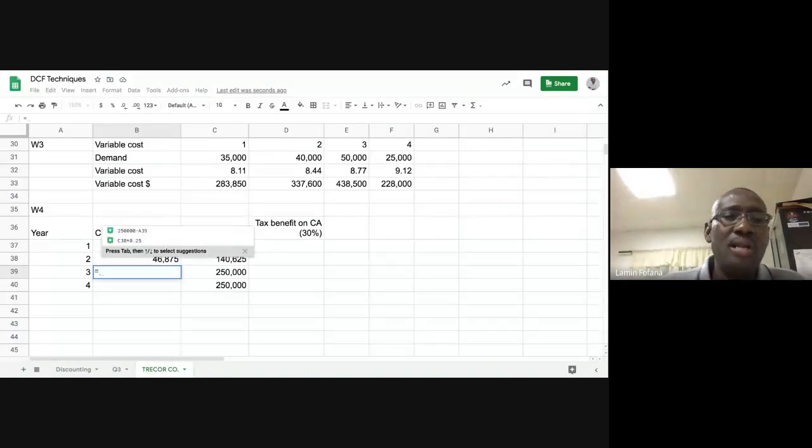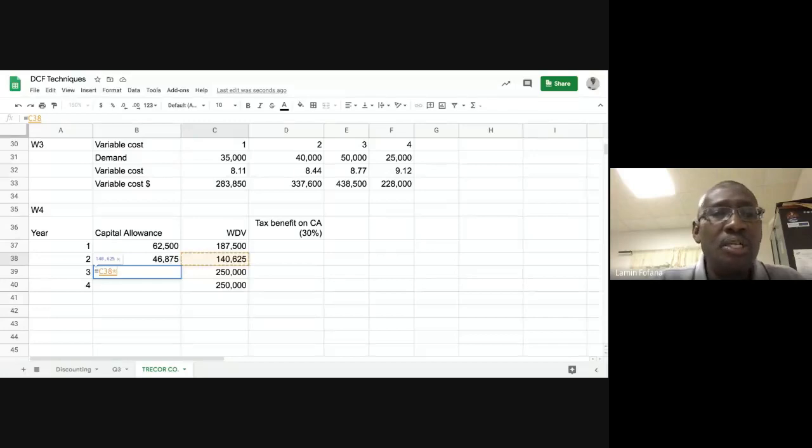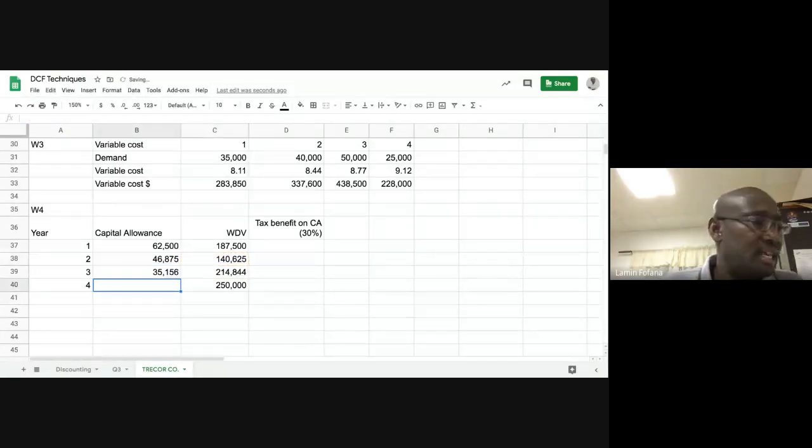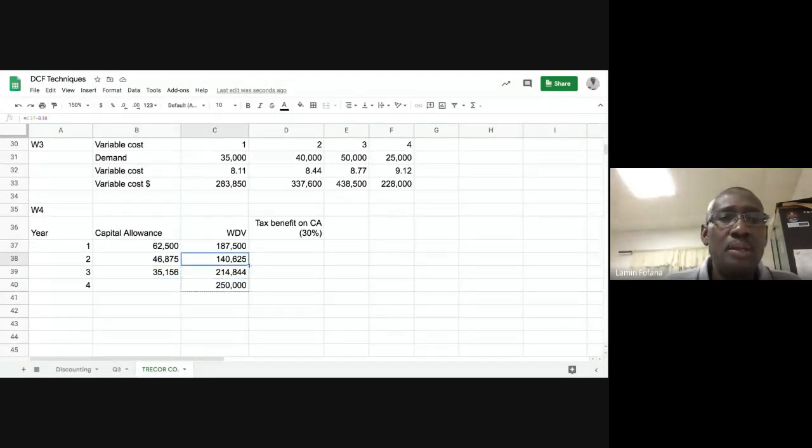So we say equals this multiplied by 0.25. So that gave us 35,156. Okay, 35,156. So what we're going to do is we're going to use our previous balance, which is 146.25 minus the 35,001.